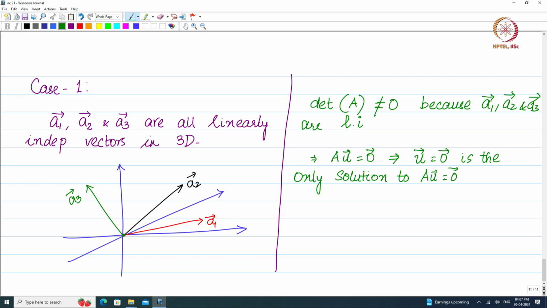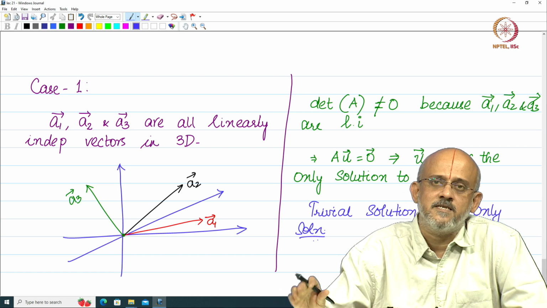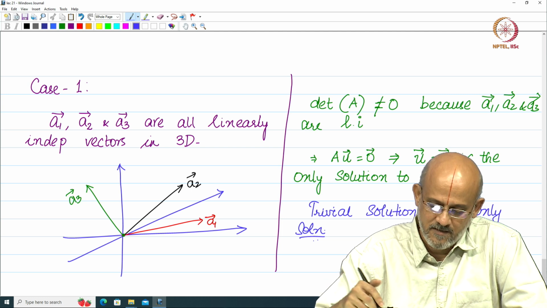That means the trivial solution is the only solution, and therefore that is the unique solution. Therefore, if we have 3 linearly independent vectors in 3 dimensions, the only vector which is orthogonal to all these 3 vectors is the 0 vector, and that is exactly what we have seen here, right.